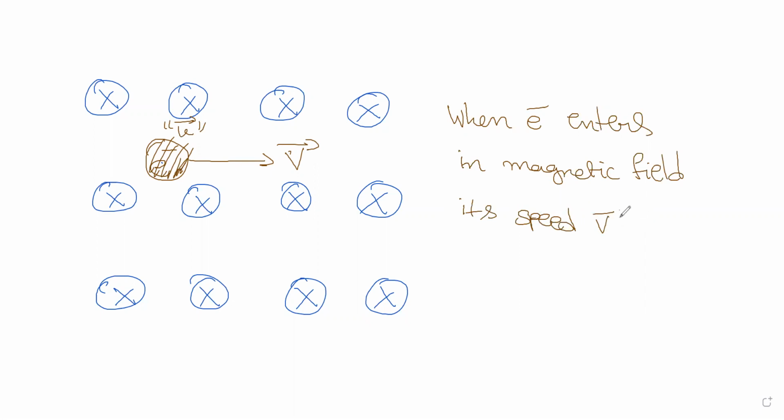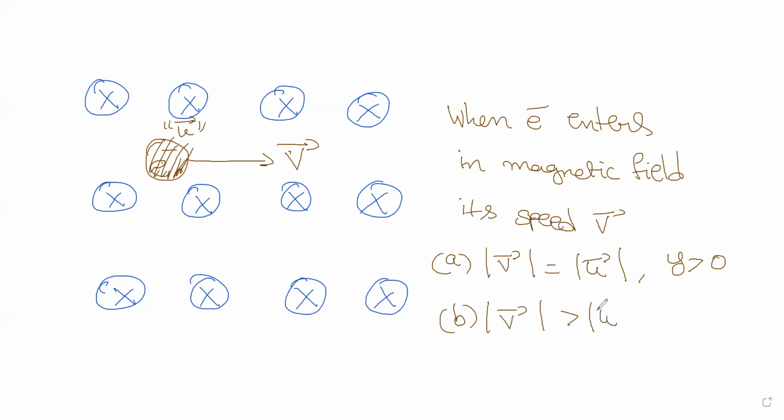So mod v bar, initially it entered with mod u bar. Option A is mod v bar is equal to mod u bar, y is greater than 0. Option B, mod v bar greater than mod u bar, y is greater than 0.